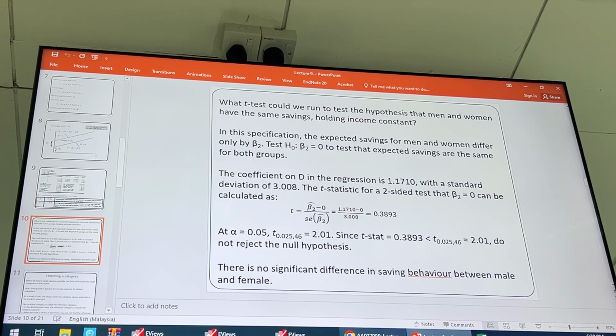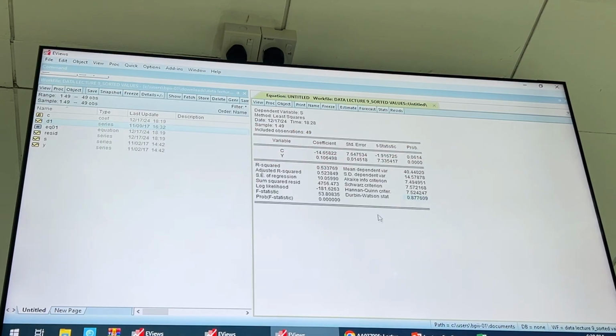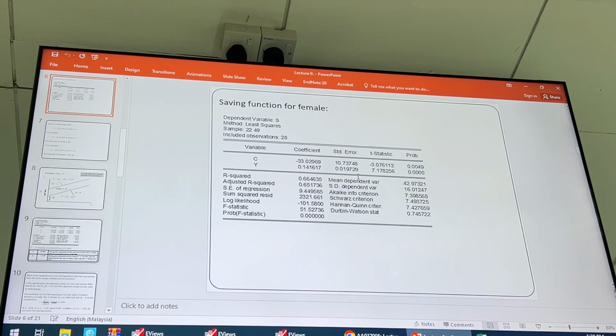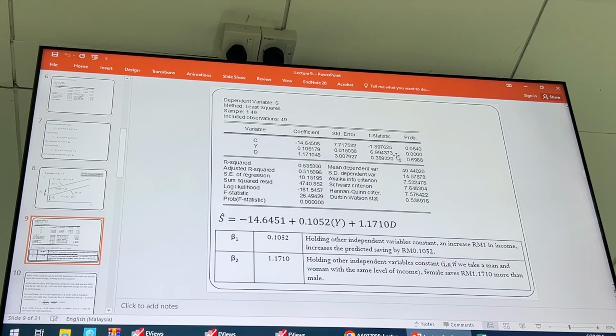Or based on the output from just now, this one, the coefficient for beta 2 is the estimate for beta 2. We can just look at the p-value. The p-value is 0.69, greater than 0.05, so we do not reject.